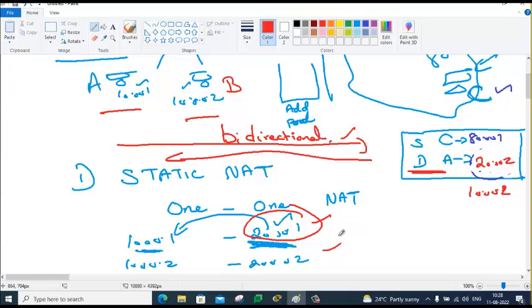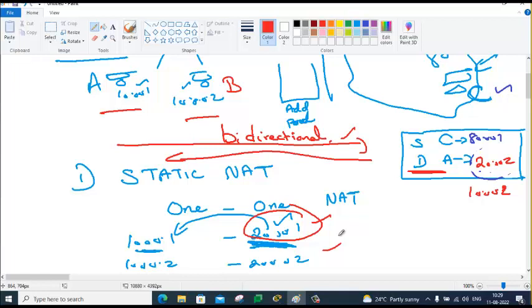If I have 1,000 computers in my organization, then again I need to buy 1,000 public IP addresses, which is not possible. Why? Because we don't have enough IP addresses. IP address is only 32-bit for the entire world. So even if you are ready to give money, they are not going to give us.